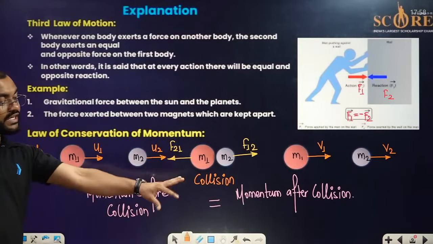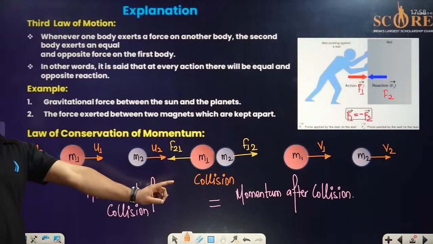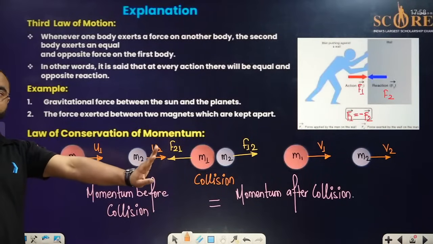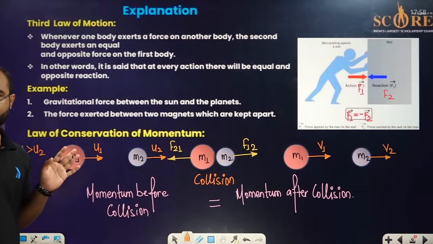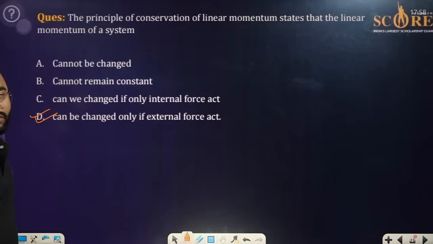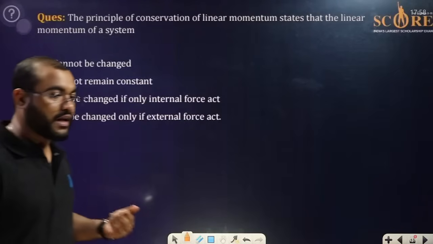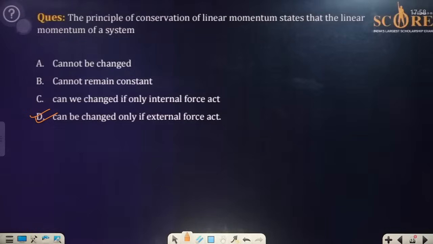To change this conservation, an external force should be applied so that the conservation is completely changed. For conservation, there should be no external forces. If an external force is applied, it is not going to be conserved anymore.